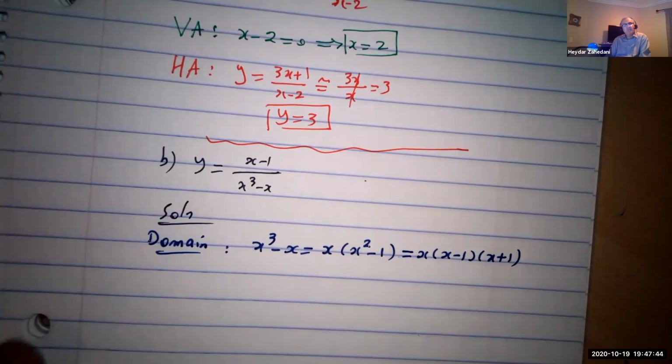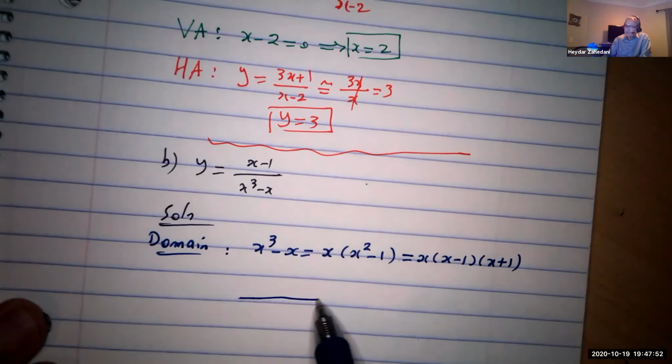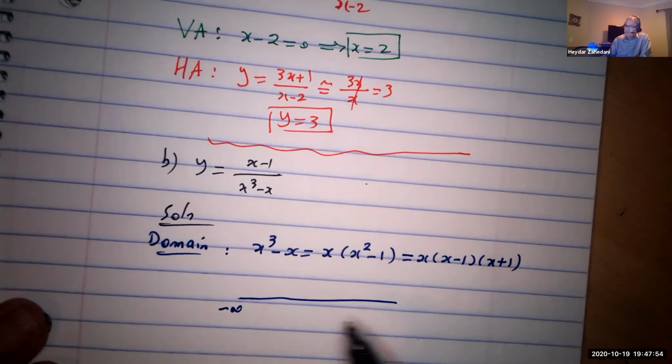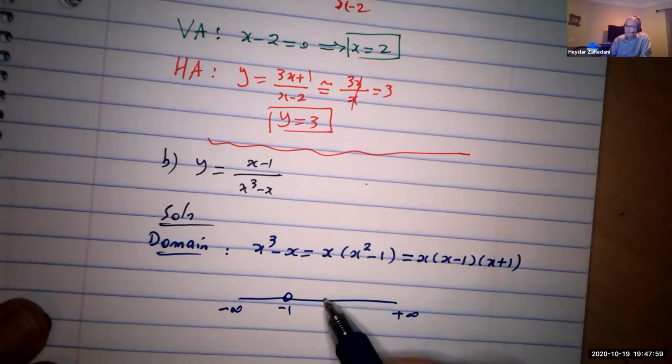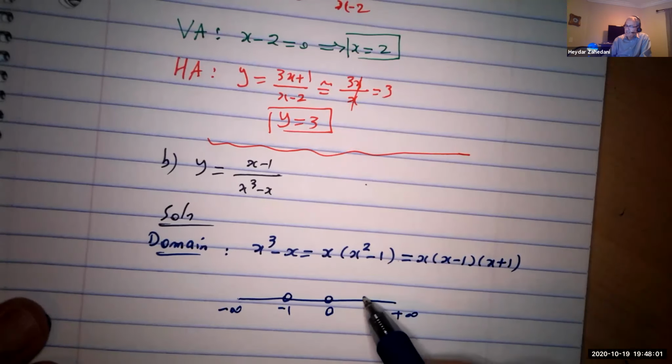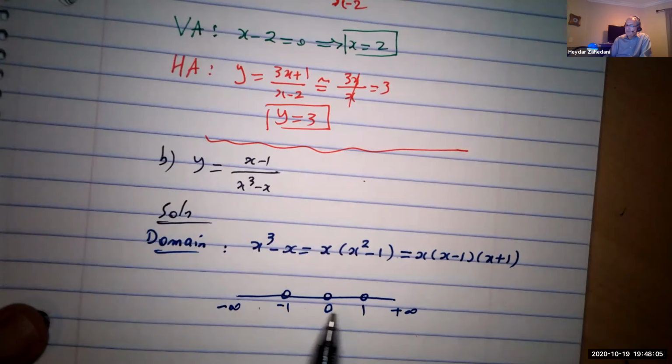You are going to have 3 numbers to exclude: 0, 1, negative 1. Okay, exclude negative infinity, positive infinity, negative 1, 0, and 1. So 1, 2, 3, 4.